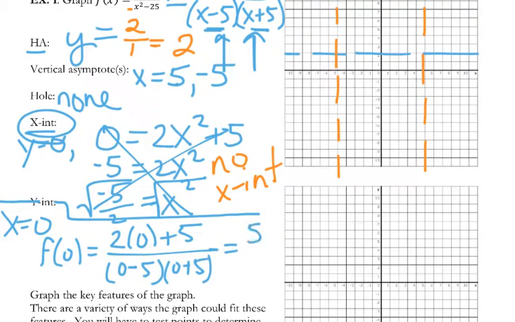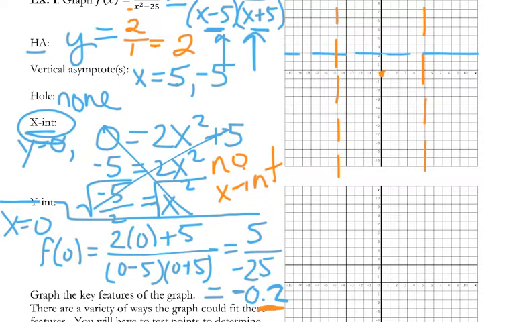We get 5 in the numerator, we get negative 25 in the denominator. That's roughly, or as a decimal, negative 0.2. Okay, so let's plot negative 0.2 as our y-intercept. That is a value we have to hit. There we go. Right underneath the origin.